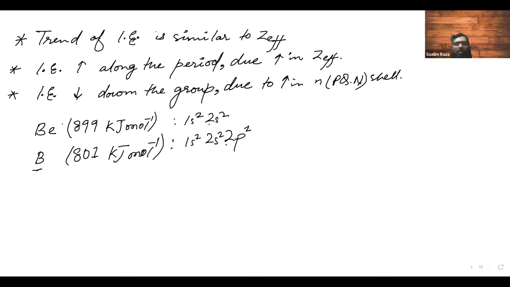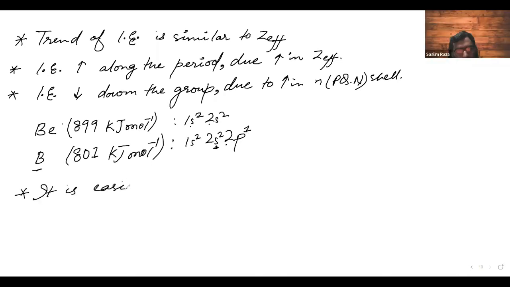But what will happen? P will be easily removed. Now another reason is that this p electron is further shielded by these two s electrons, correct? Yes, sir. This shielding by s is much higher. The s electrons were only shielded by the inner shell, which is common to both. But within the same second shell, the s electrons will shield the p electron too much, and it will be easier to remove an electron from the p subshell.